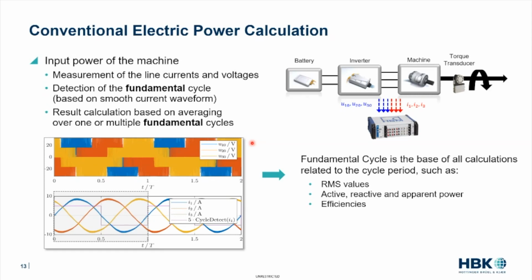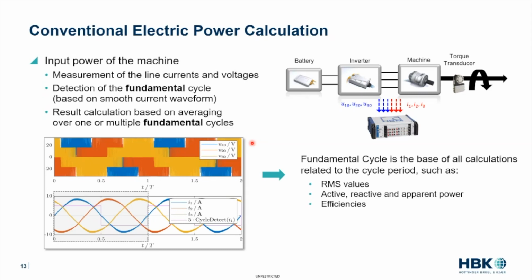That's what I've just shown in the example before, that you need to measure at least a half cycle and then do an averaging over a half cycle to get a proper power reading. So that is so far the base of each and every power calculation.